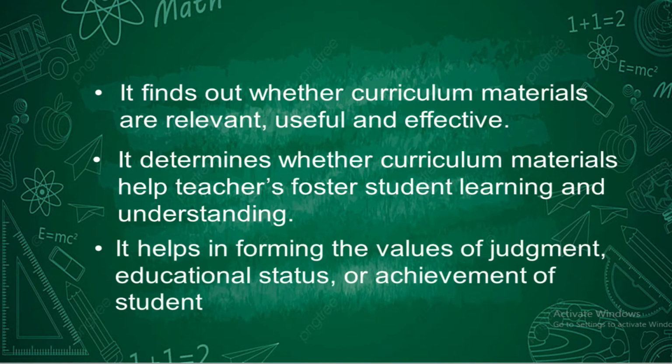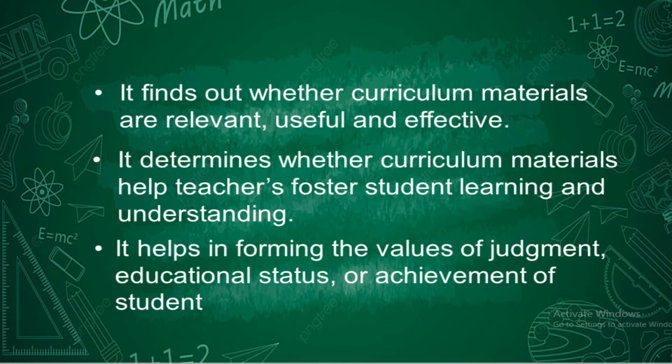Another is it helps form values, judgment, educational status, or achievement of students. As we assess a particular curriculum material, it helps us to give a just judgment. It simply means it helps us to attain 100% or 98% authenticity in judging our students' outputs, performance, and other related things.